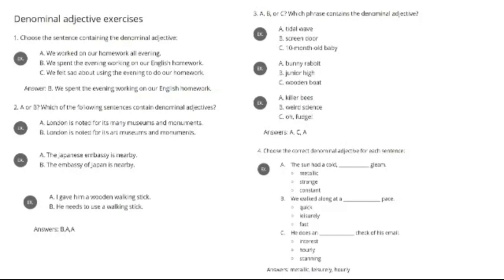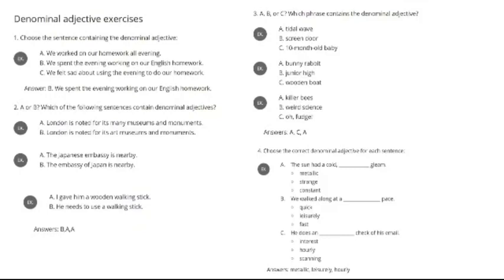Now let's have a look at some of the exercises that I have inserted. The first is: choose the sentences containing the denominal adjectives. So here the answer is B. We spend the evening working on our English homework. Second, A or B, which of the following sentences contain denominal adjectives?